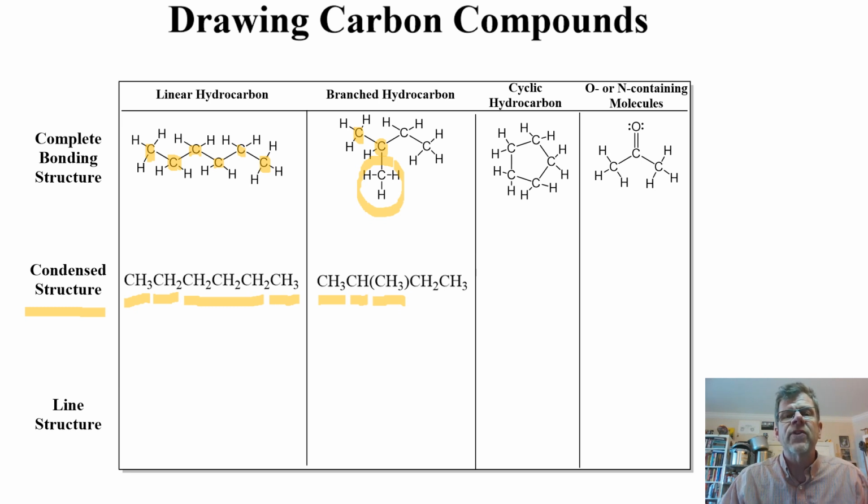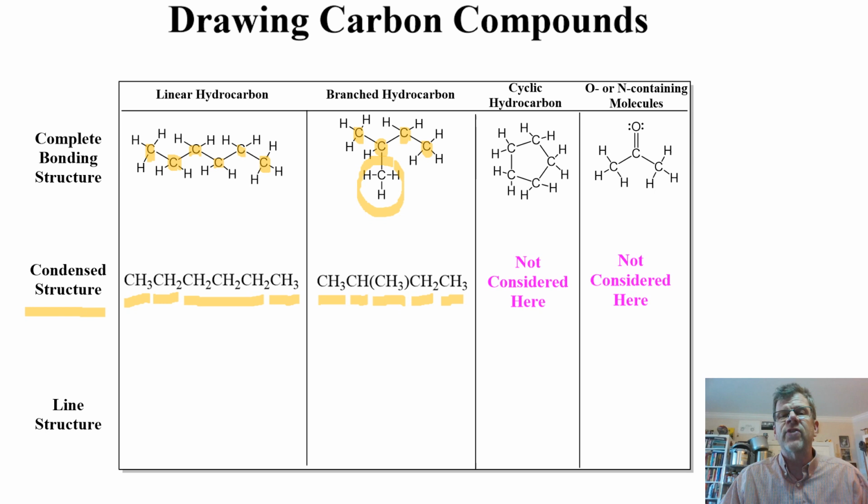Then we move to the next carbon in the line. That is connected to 2 hydrogens, CH2, and finally the end one. Here we have that end one connected to 3 hydrogens, CH3.